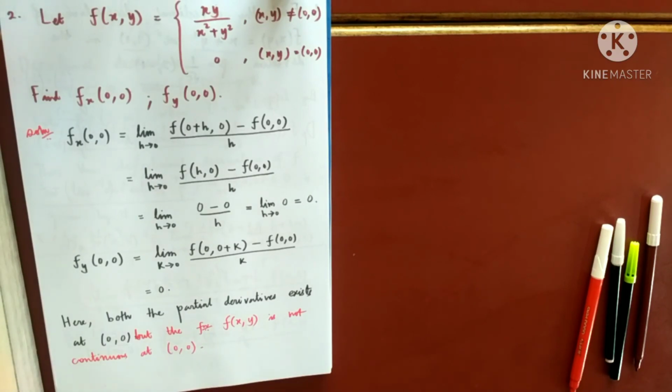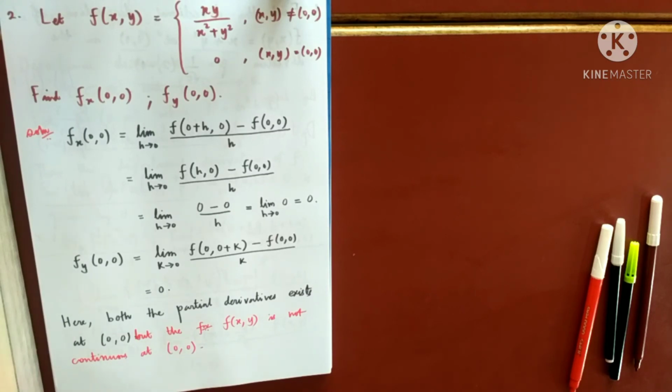This is giving us a counter example for something unique. In single variable calculus, differentiability implies continuity. That means when a function is differentiable at some point, then it is definitely continuous at that point.